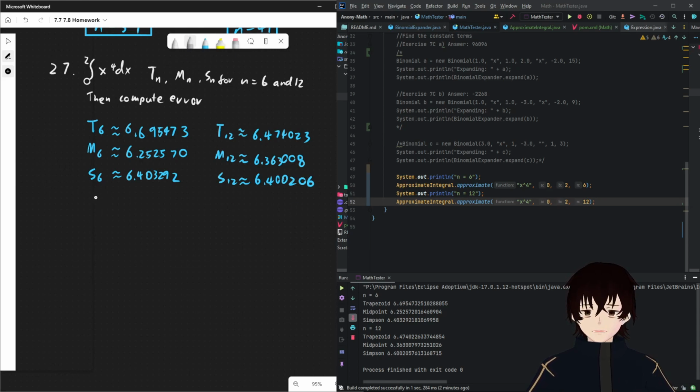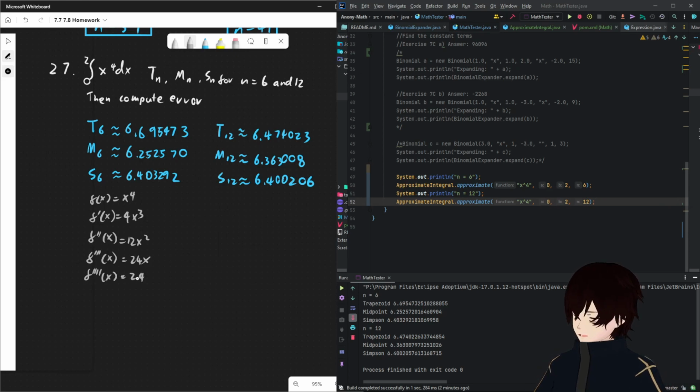This one's easy. f of x is equal to x to the power 4. f prime of x is equal to 4x to the power 3. f double prime of x is equal to 12x squared. f triple prime of x is equal to 24x, and f quad prime of x is equal to 24.